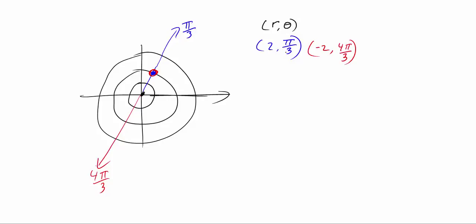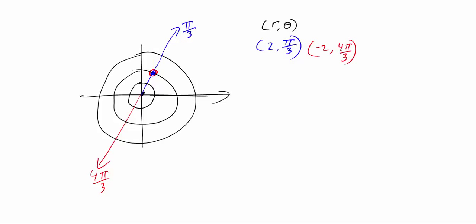So what we noticed here is we can actually have 2 points, 2, pi over 3 and -2, 4 pi over 3, and that will give us the exact same location here. And that's because we can rotate around different angles and have different values for r to put us in the exact location.